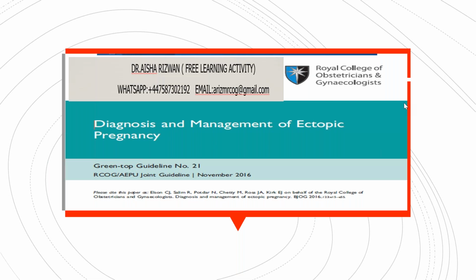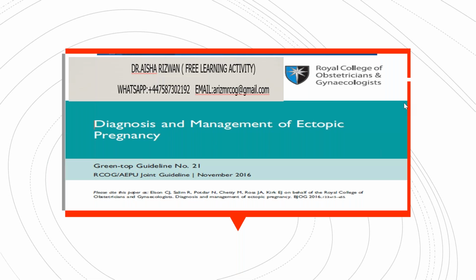But the most common and most favored regimen is to give methotrexate at a dose of 50 milligrams per square meter. It's very helpful. So you should remember that systemic methotrexate is the most commonly used drug for the pharmacological treatment of tubal ectopic pregnancy.